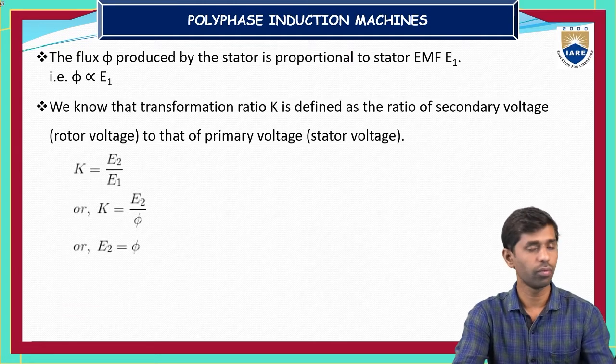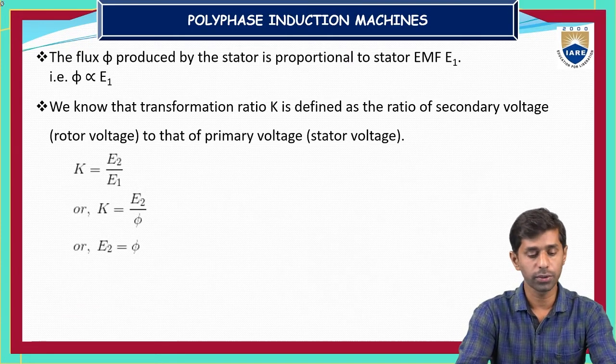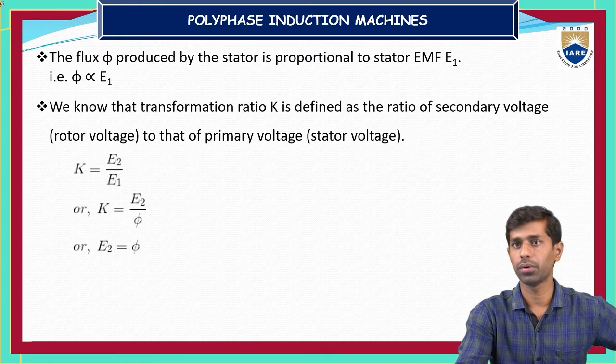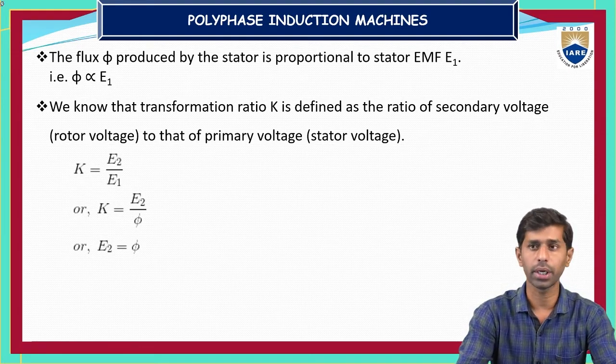Generally, we know the flux produced by the stator is proportional to E1. We know the transformation ratio K is defined as the ratio of secondary voltage to primary voltage in the case of the transformer.